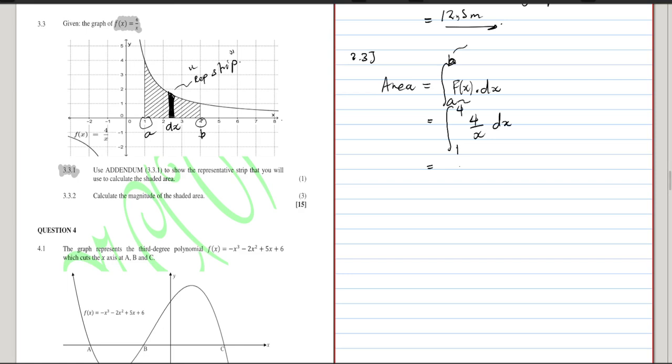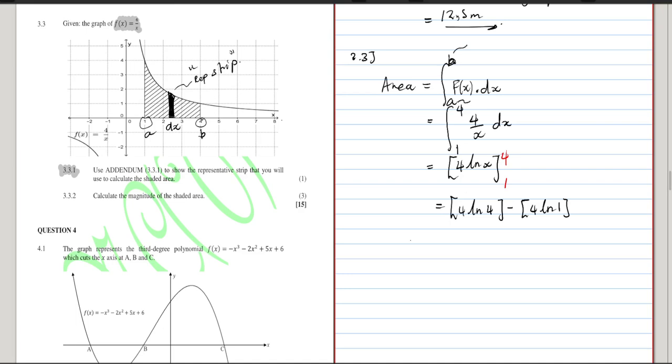Then we integrate, we get 4 ln x. We put in the bounds, 4 and 1, equals 4 ln 4 minus 4 ln 1.